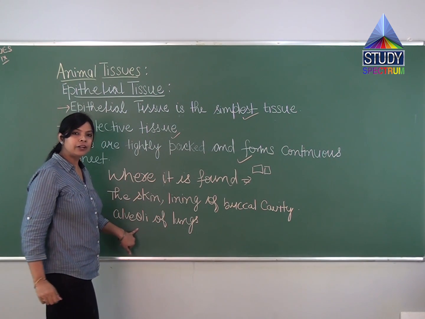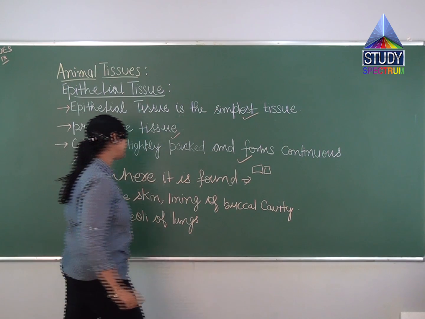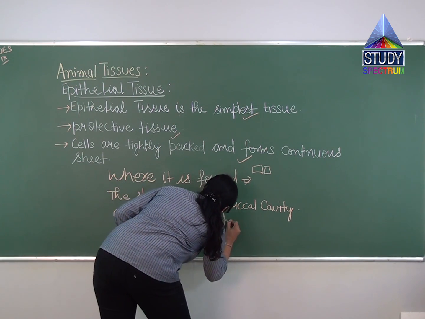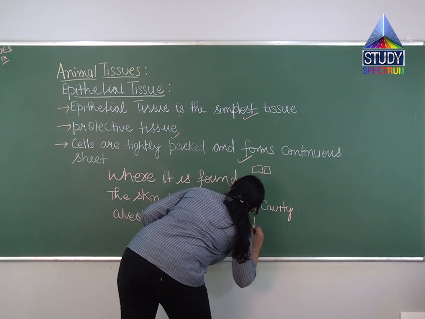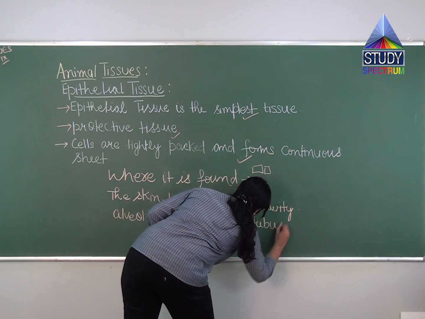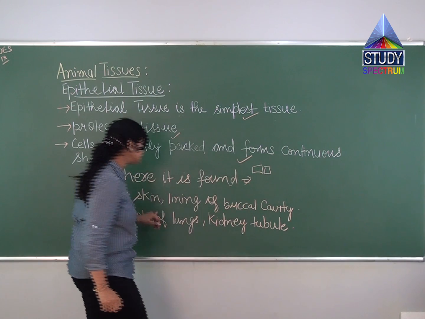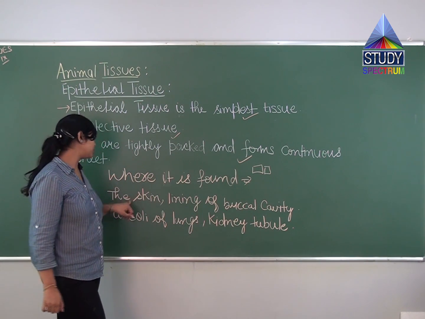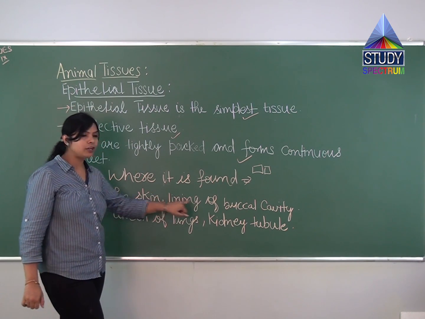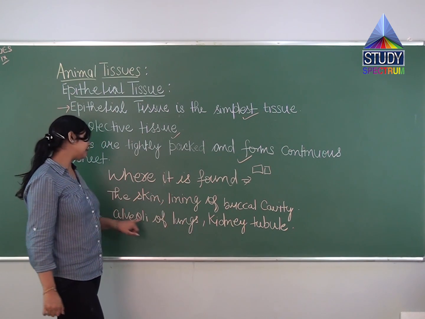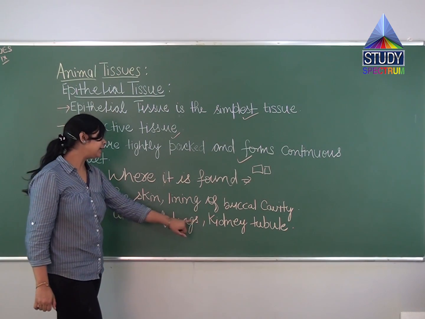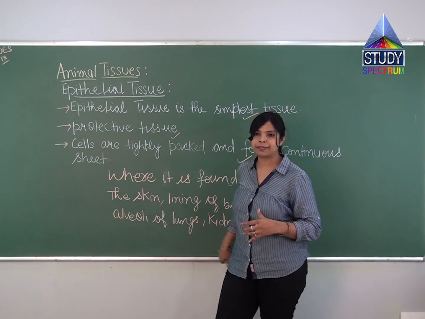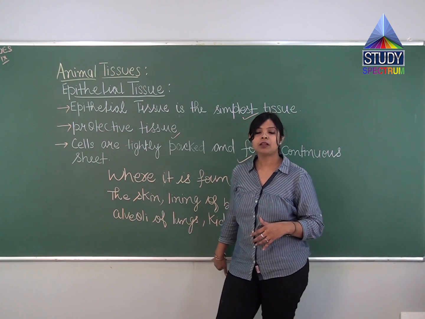Other than this, they are also found in the kidney tubules. So these are the few places where these epithelial tissues are found: skin, lining of the buccal cavity, alveoli of lungs and kidney tubules. These are the few regions where we get these epithelial tissues.